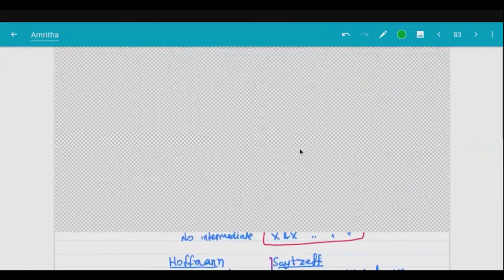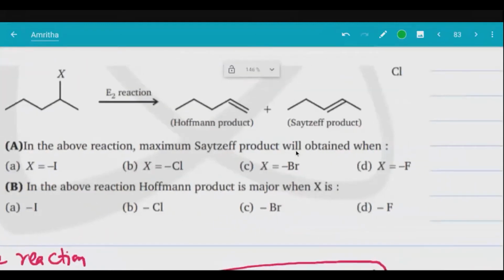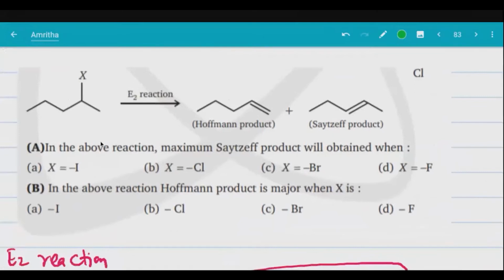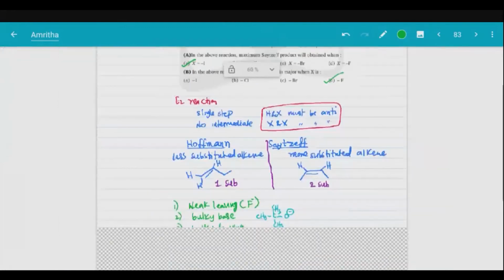So one by one we'll see. In the above reaction, maximum Saytzev product will be obtained when? Saytzev, when there is a very good leaving group, we get Saytzev. Which one is a very good leaving group here? Yes, iodine. But when we get Hofmann product, fluoride. So these are the concepts we discussed. See, look at this carefully.